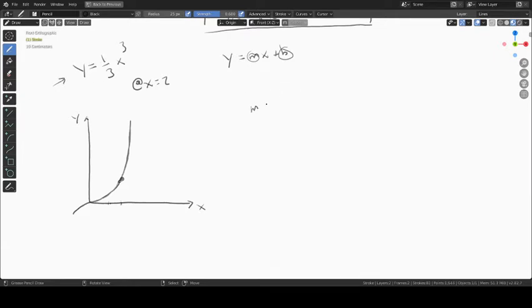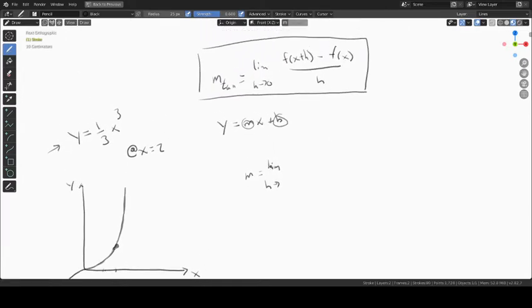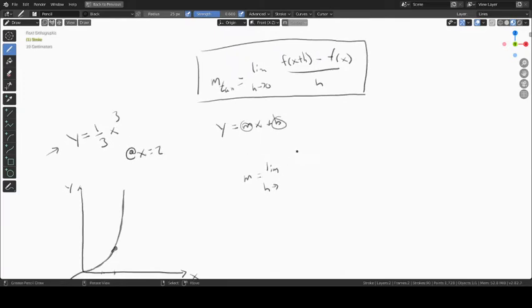So m equals the limit as h is approaching 0, and we want to find f of x plus h. What is f of x plus h? Well, it's going to be a third times x plus h cubed, minus f of x, which, x is equal to 2, right?